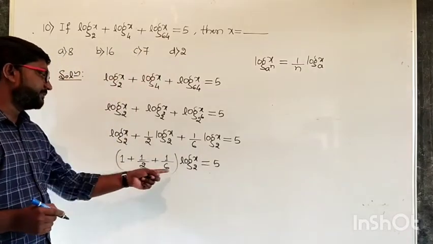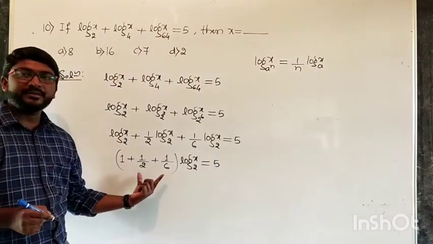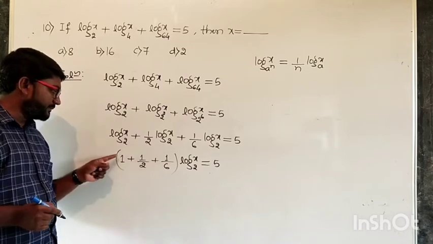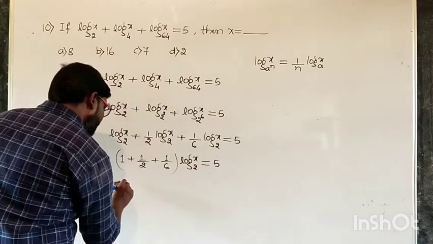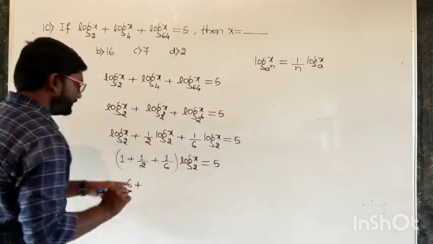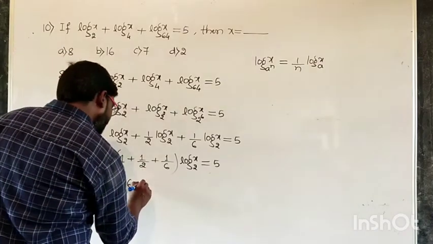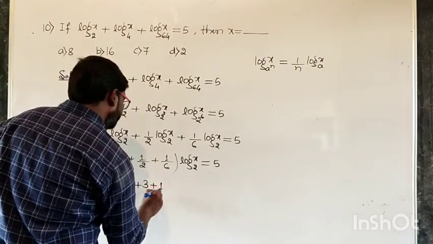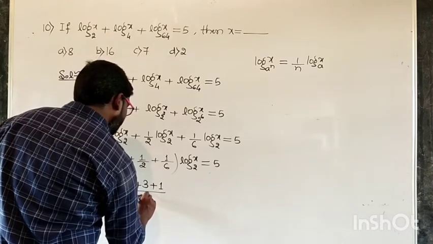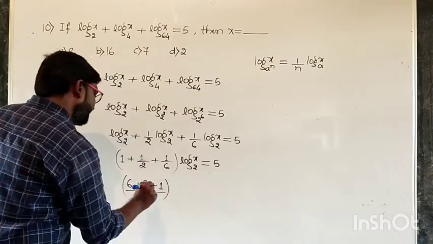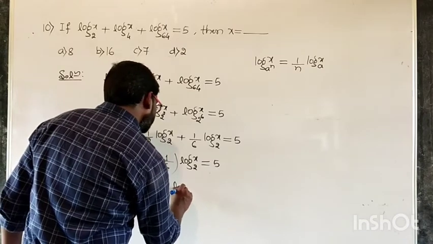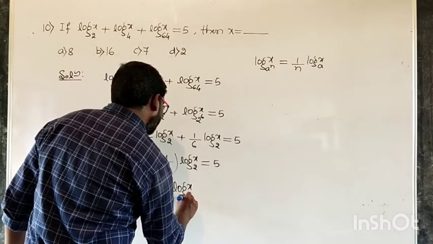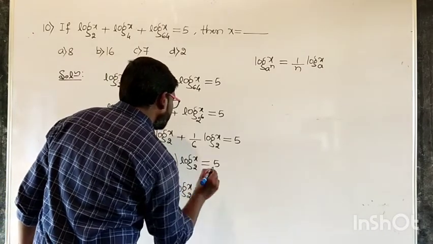Now let us simplify this. Here the LCM will be 6. So 6 will be multiplied with 1, we get 6 plus 2 3s are 3 plus 6 1s are 1, divided by 6 into log x to the base 2. This is equal to 5.